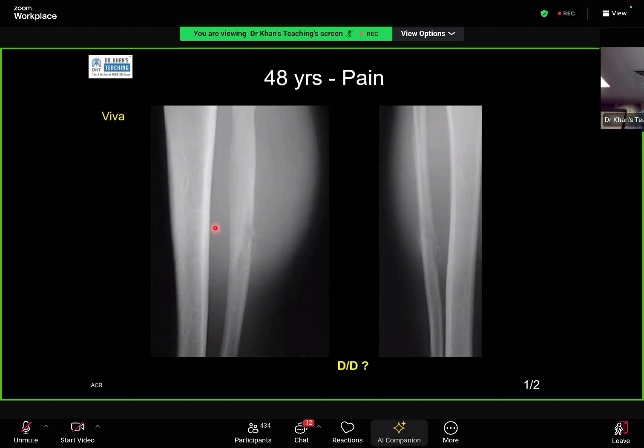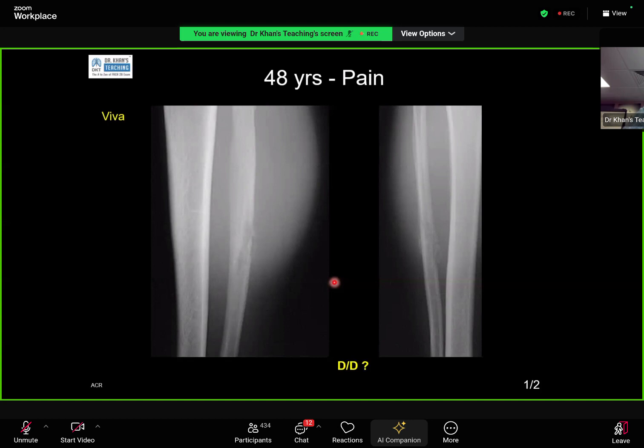Ill-defined lytic lesion involving the mid shaft of the fibula with a wide zone of transition and adjacent interrupted periosteal reaction in the lateral aspect. Also in the medial aspect, I can see solid periosteal reaction as well, and some soft tissue extension into the medial interosseous portion.